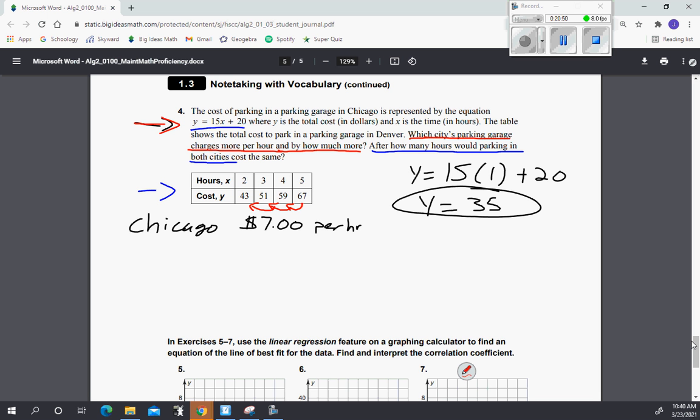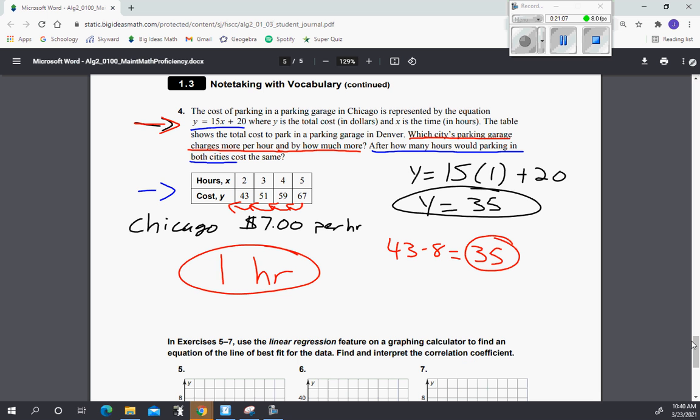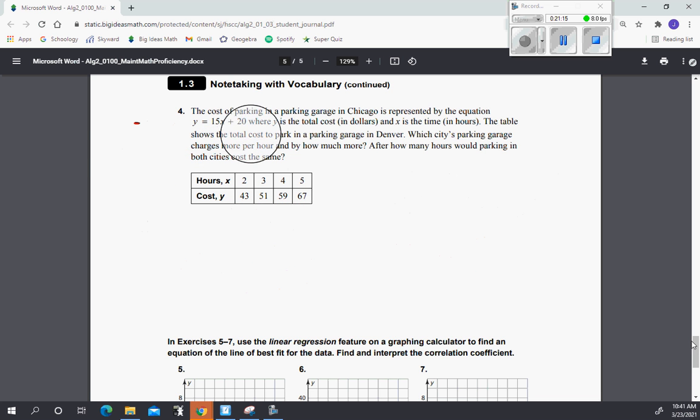So, what is 1 hour? Well, it's 43 minus 8. That is 35. So 1 hour. It would cost the same. Alright, so that's just analyzing an equation, analyzing a chart.